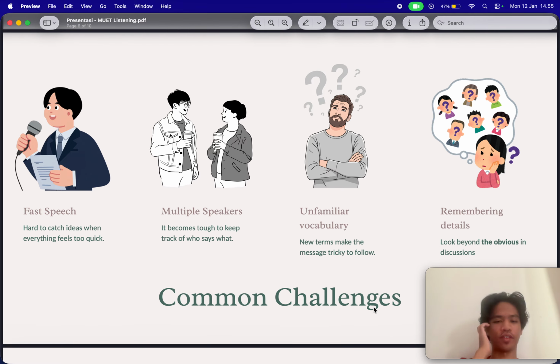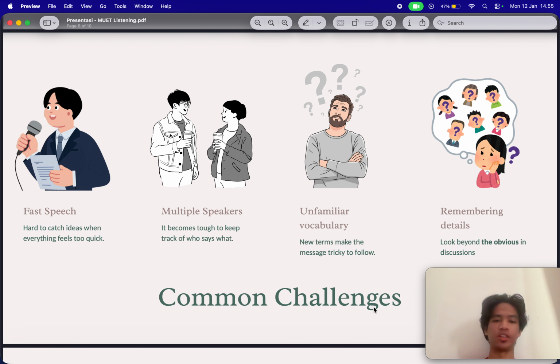Many students face challenges in the listening part. One common difficulty is when speakers talk too fast or use unclear pronunciation. Another challenge is when there are multiple speakers in a conversation. This can be confusing if they interrupt each other or speak simultaneously.